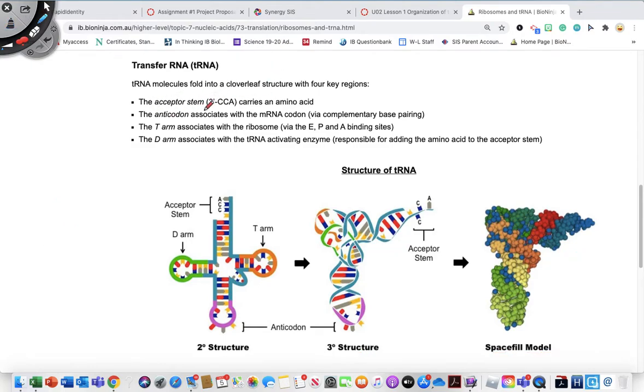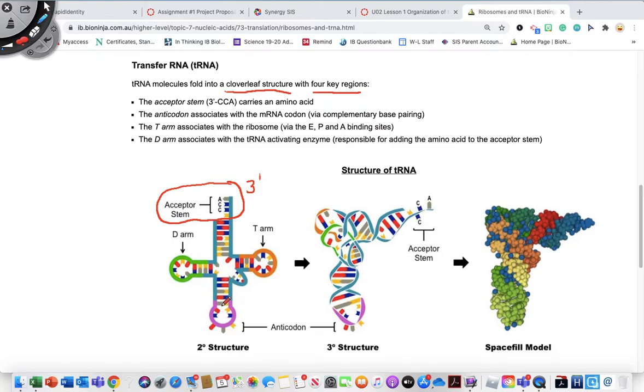So you're supposed to recognize the clover leaf structure, and then you're supposed to recognize the 4 regions. So the first region that you are to recognize is the acceptor stem region. And this is on the 3' end of the tRNA molecule. So think of tRNA as an mRNA that is folded.